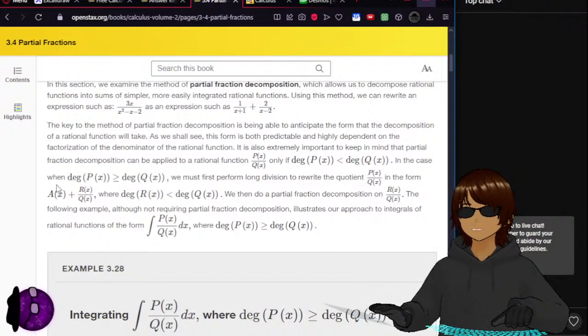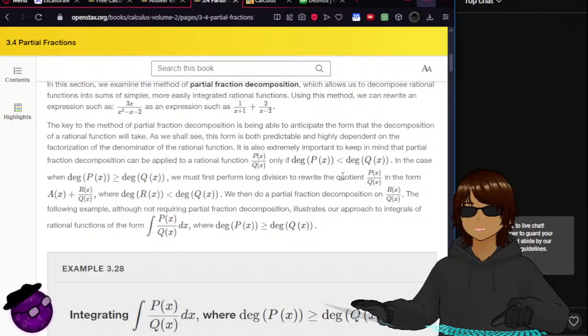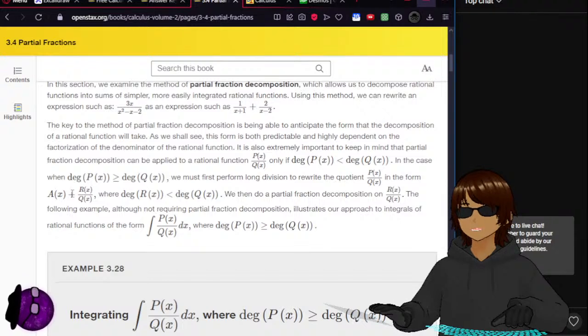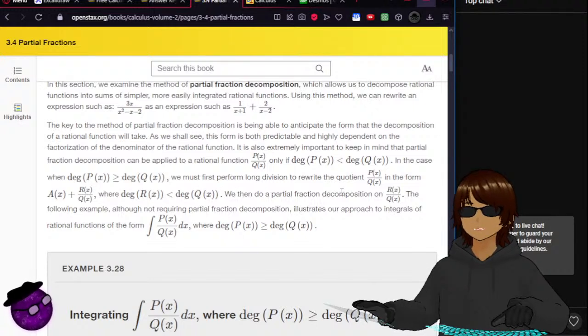In the case when degree of p is more than or equal to degree of q, we must perform long division to rewrite the quotient p over q in the form of a plus r over q, where degree of r is less than the degree of q. We then do the partial fraction decomposition on r over q.